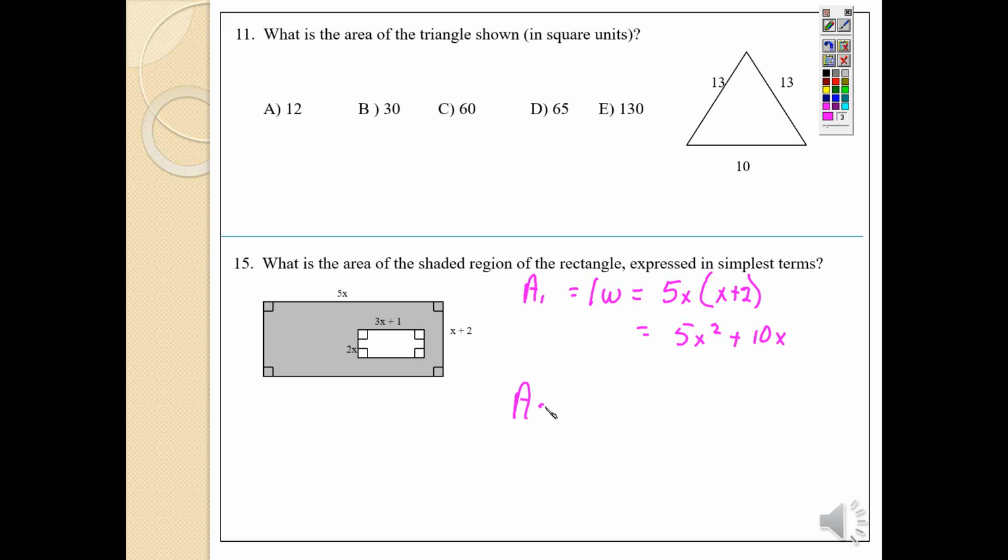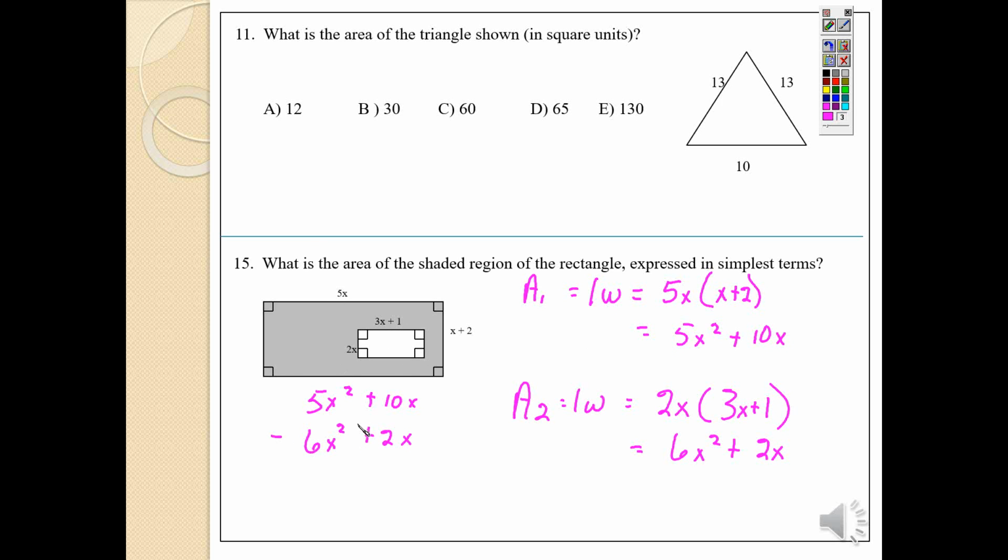Area 2 is still length times the width, and on this one we have 2x times 3x plus 1. And that would be equal to 6x squared plus 2x. Our original premise was we needed to know this large one, which was 5x squared plus 10x, and subtract this small one, which was 6x squared plus 2x, and we'll get the area of the shaded region, just that minus this.